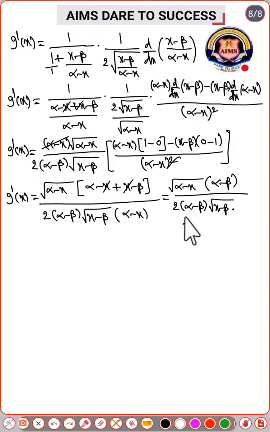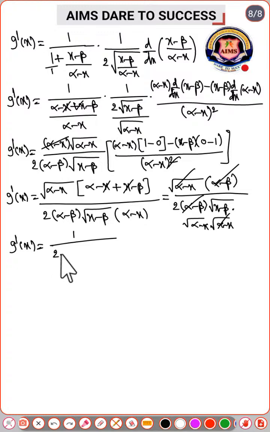Here I am writing down root alpha minus x into root alpha minus x. Why? Because root a into root a is a. Because in the numerator root alpha minus x, here one time root alpha minus x cancelled, and numerator alpha minus beta, denominator alpha minus beta cancelled. So g dash of x is equal to 1 divided by 2 into root x minus beta into one more root alpha minus x.